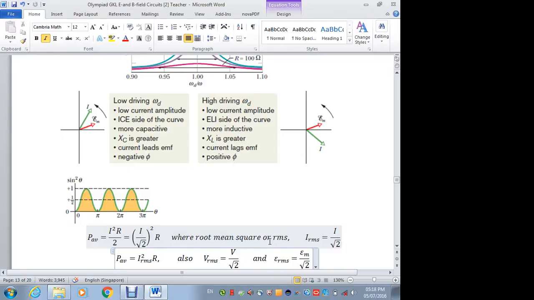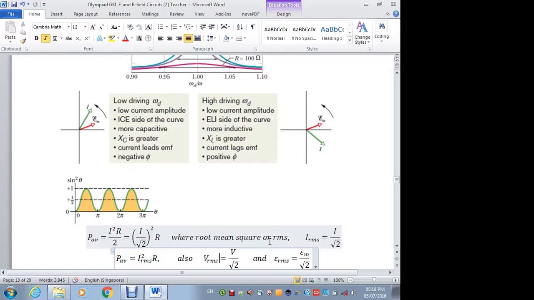After that, we take the mean, which means we take the average. But take the average over what? You have to take the average over 1 cycle, because after 1 cycle it will repeat itself. It's a sinusoidal function.